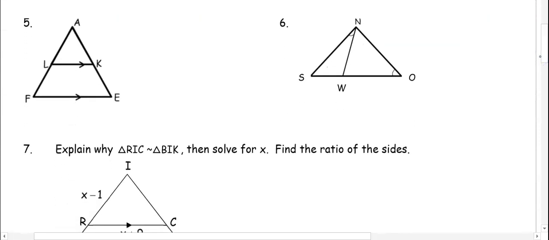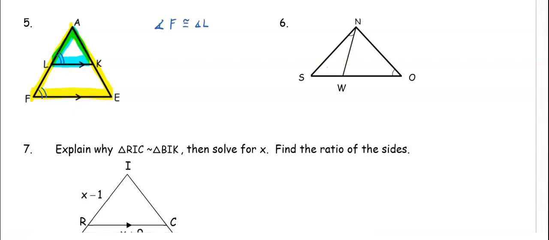In number 5, we have triangles with parallel sides. So we have a smaller triangle inside a bigger triangle. We can use corresponding angles. So we would have that angle F is congruent to angle L. Also, again, because of the overlapping triangles, the larger triangle and the smaller triangle inside, they have a common angle at angle A. So we can use the reflexive property to say that angle A is congruent to itself.